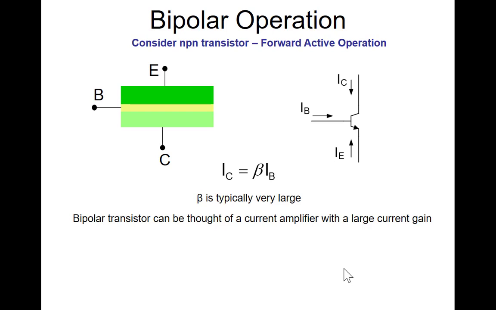So we can think of a bipolar transistor as, if the input is the base current and the output is the collector current, a current amplifier. It amplifies the base current by beta. And if beta is large, this current amplifier has a large gain.